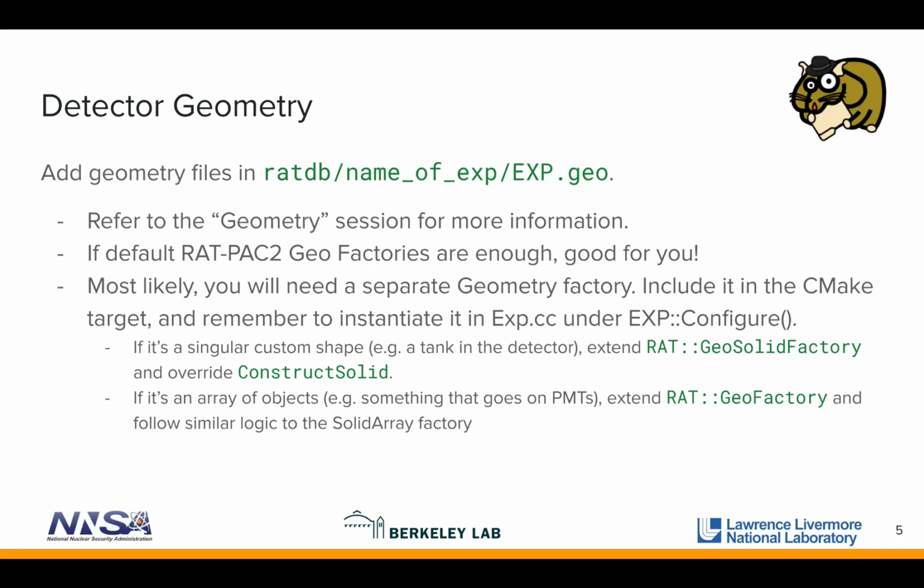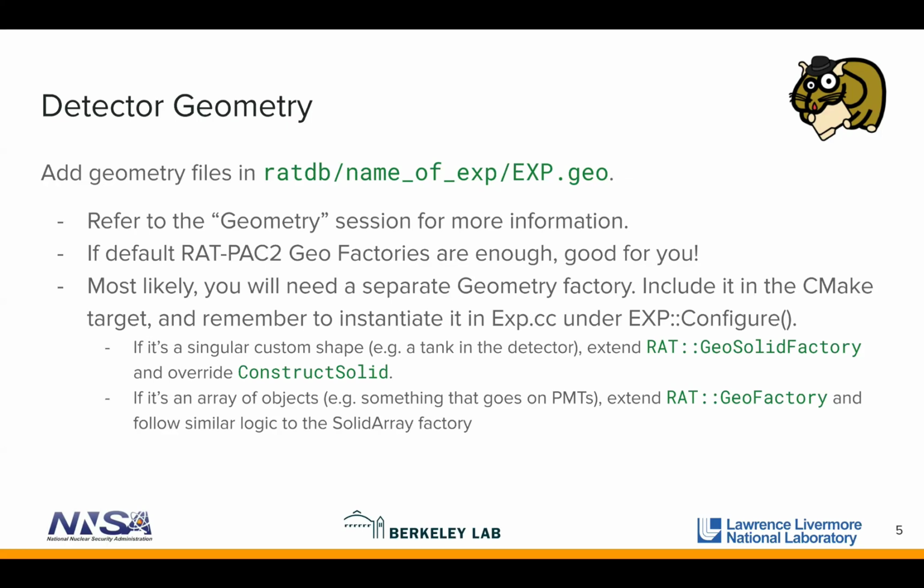All right. So perhaps a more important thing in the private experiment is how to configure your own geometry. We talked pretty extensively, and I think a lot of you have tried, creating your own geometry using .geo files. So you could do the same thing in the private experiments. Basically, you should think about the ratdb directory in your private experiment as effectively the same as the ratdb directory in ratpac-2.